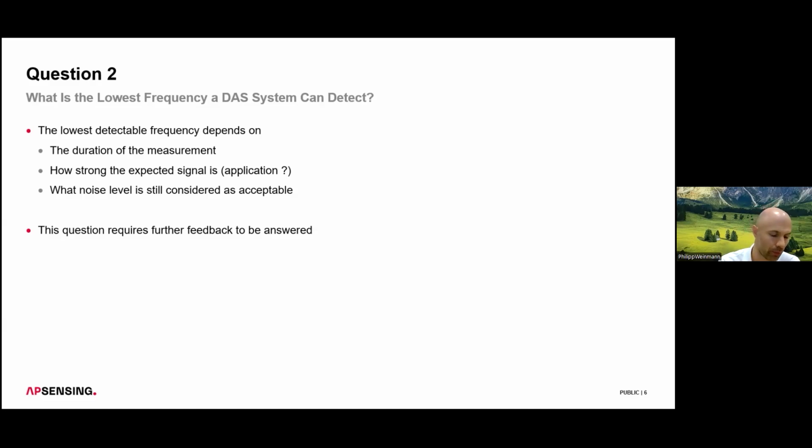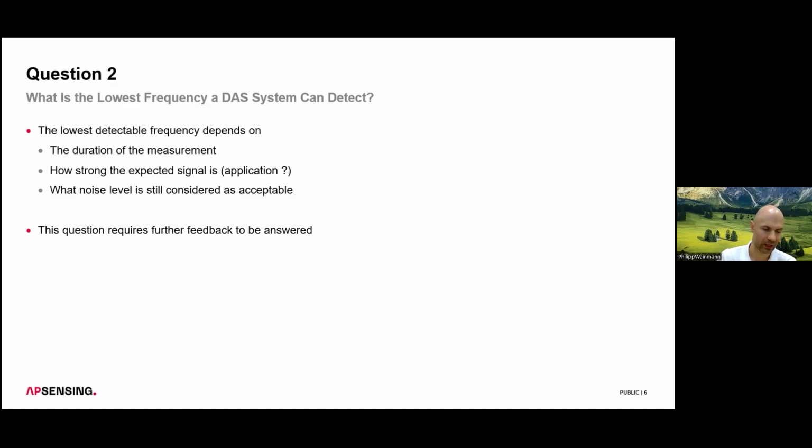So if you are looking for strong signals, then you might be able to go to even lower frequencies because the signal might be stronger than the noise. If you're looking for a faint signal, then this might mean that you cannot go as low. So that's the first big question mark here.